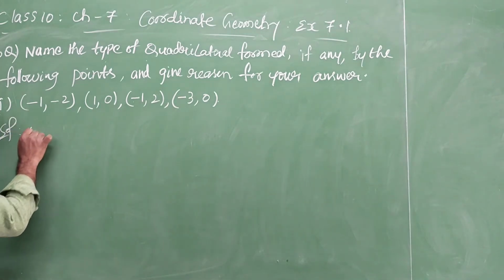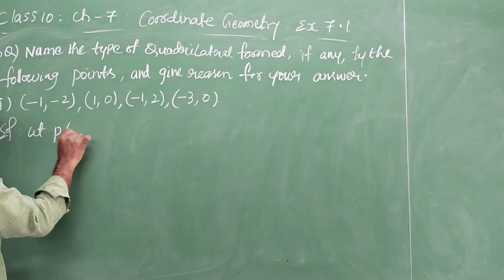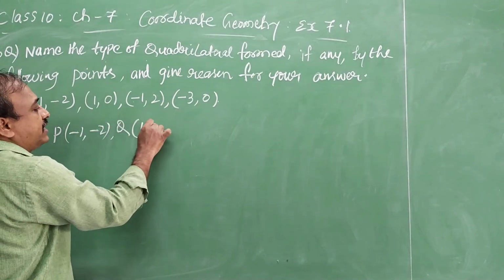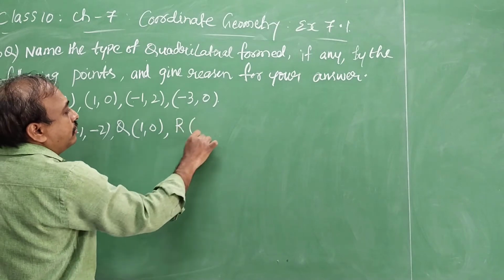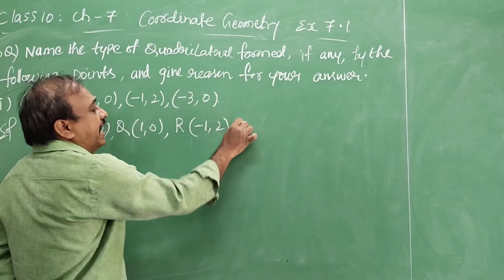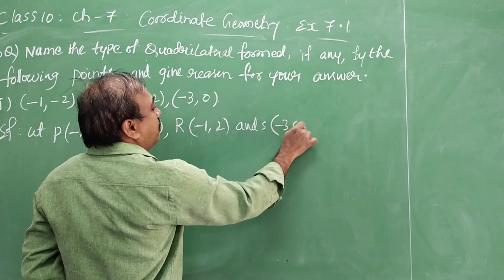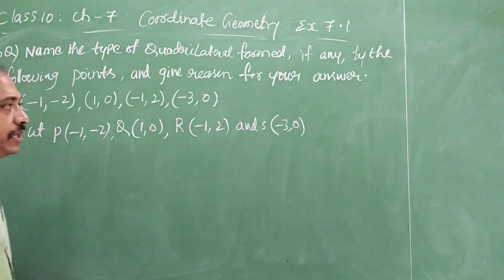We will assume P is minus 1 comma minus 2, Q is 1 comma 0, R is minus 1 comma 2 and S is minus 3 comma 0.